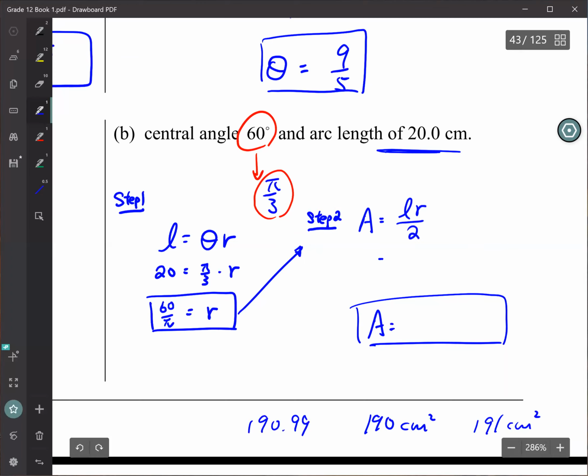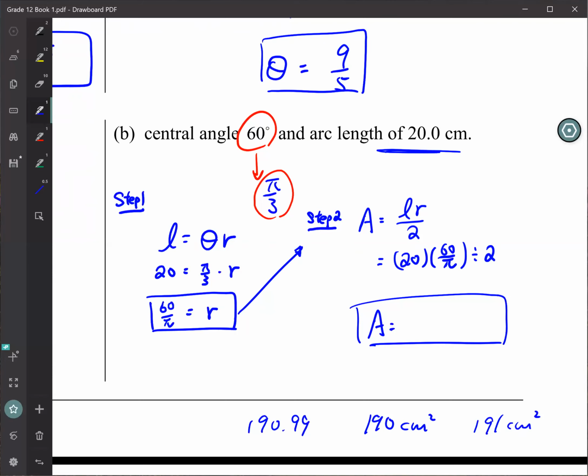So can you tell me what number you plugged in? I plugged in 20 times R, the 60 over pi, all over 2. Yeah, all over 2, I can write it as divide by 2, right?